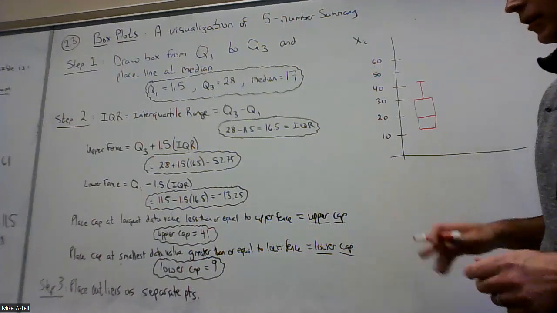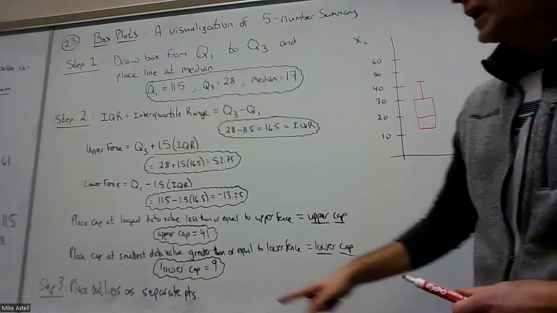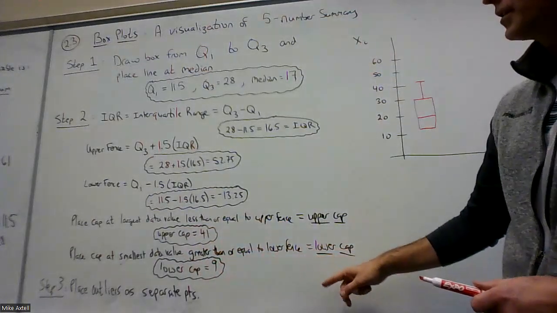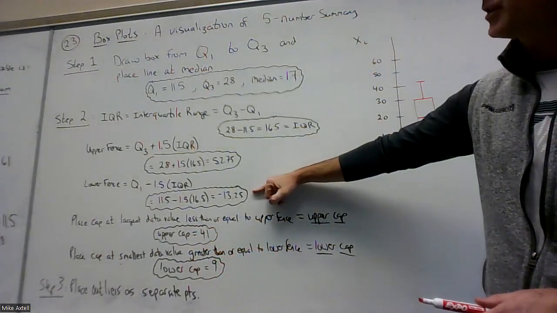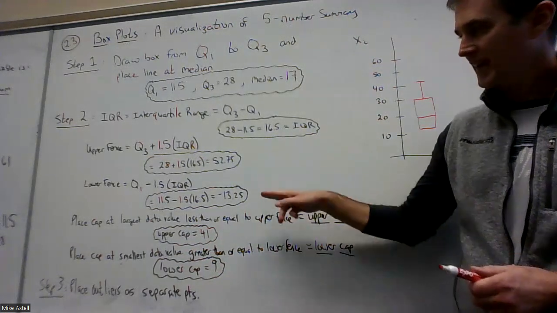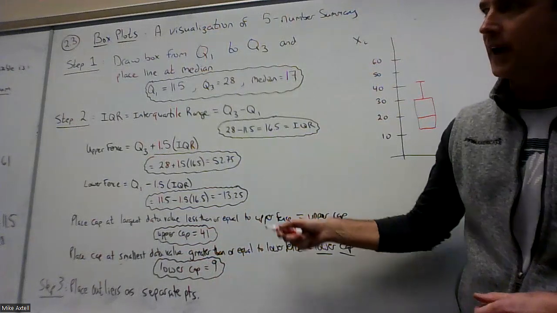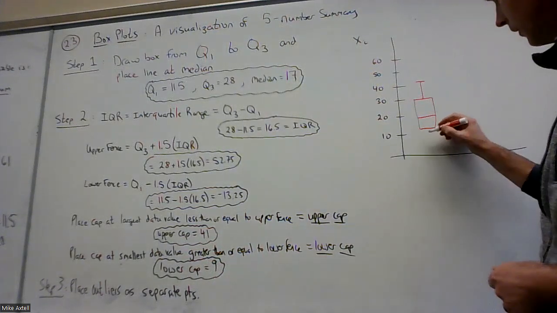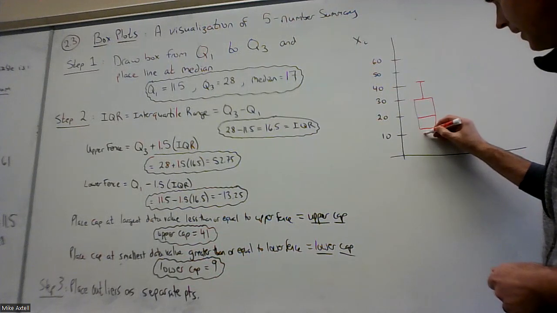All right. Now I need a lower cap. The lower cap is the smallest data value greater than or equal to the lower fence. So my lower fence was negative 13.25, and my smallest data value that exceeds negative 13.25 is my data point at 9. Okay. So I'm going to place a lower cap at 9.